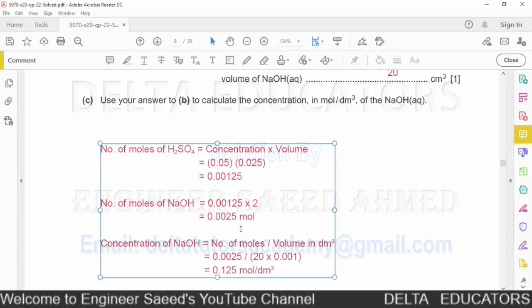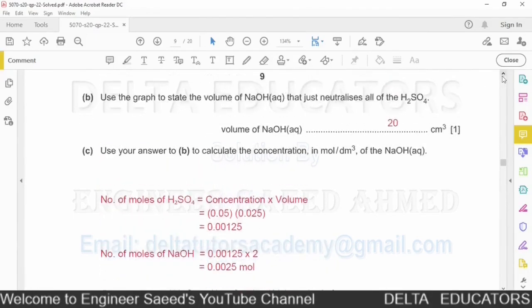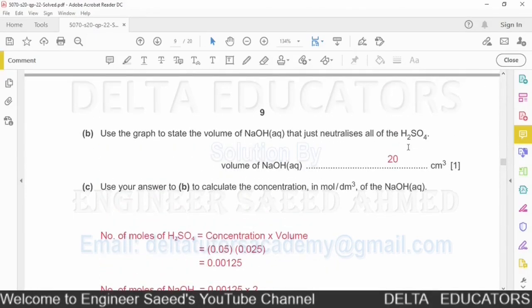Now we have number of moles of sodium hydroxide and also we have volume of sodium hydroxide that is used to neutralize the sulfuric acid. Number of moles 0.0025, volume, it is calculated that volume of sodium hydroxide is 20 centimeter cube.